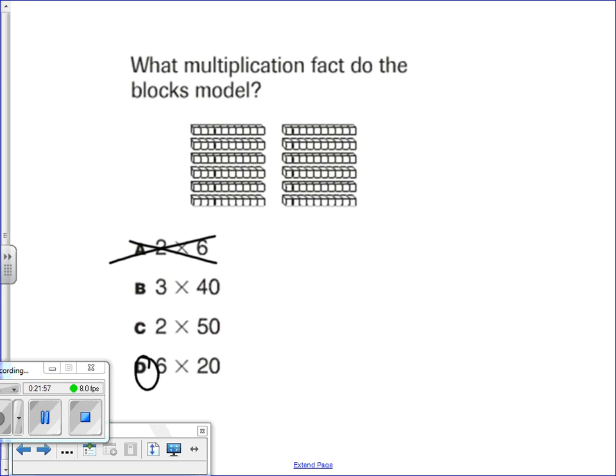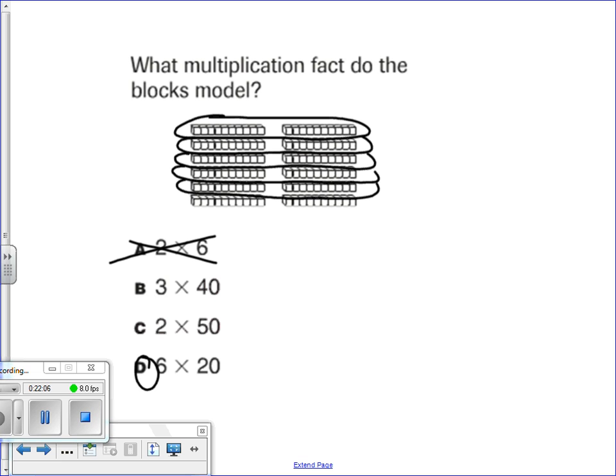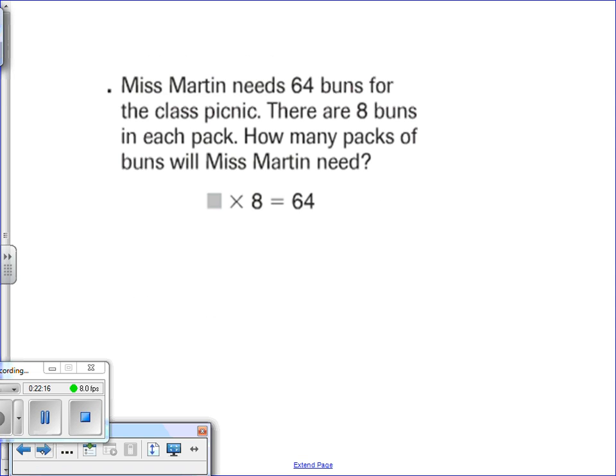There's 6 groups of 20. Okay, bonus. What's the product? Christian. Yep.